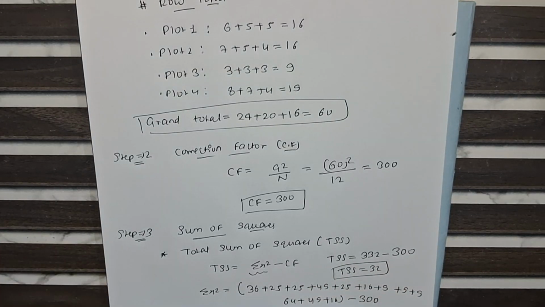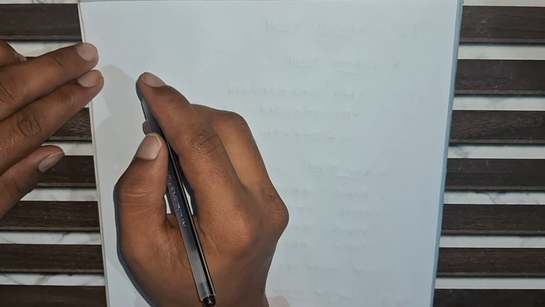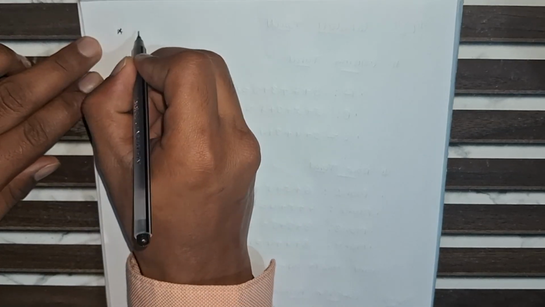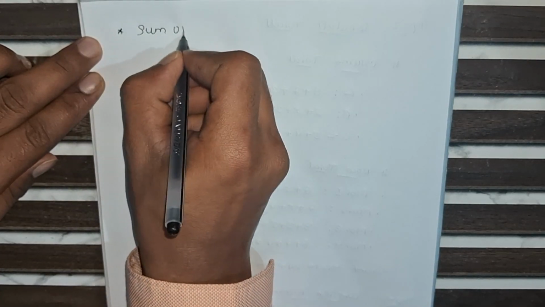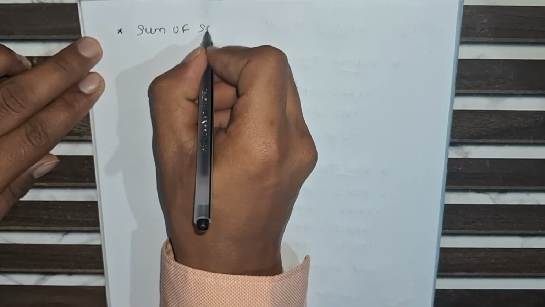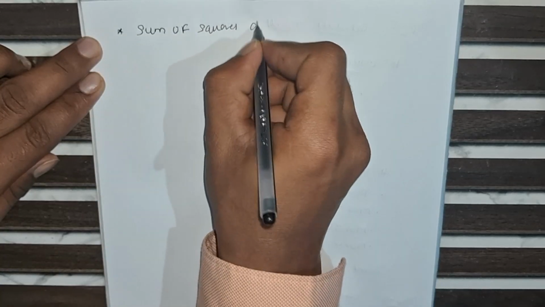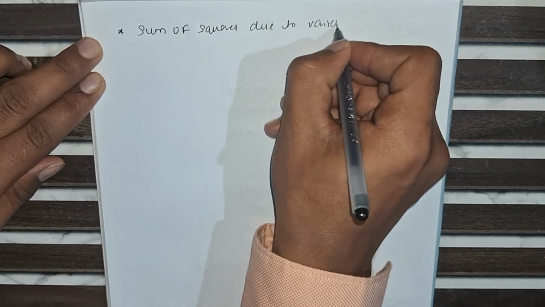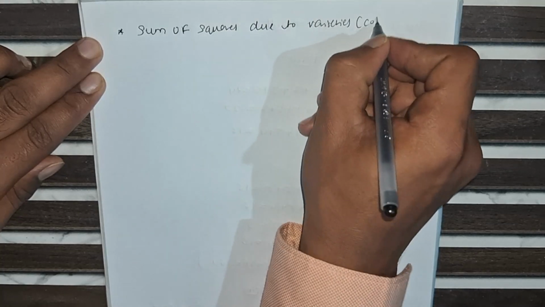So now move to our second part, which is sum of square due to variety, which means column. So now our second part in the third step is sum of square due to varieties, which means column.